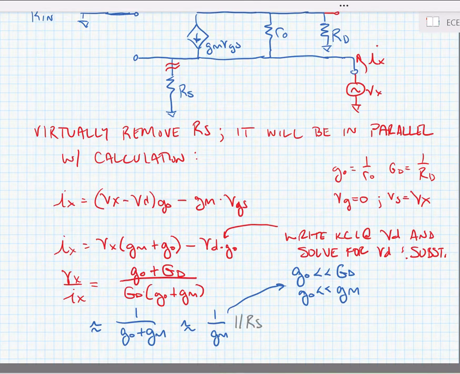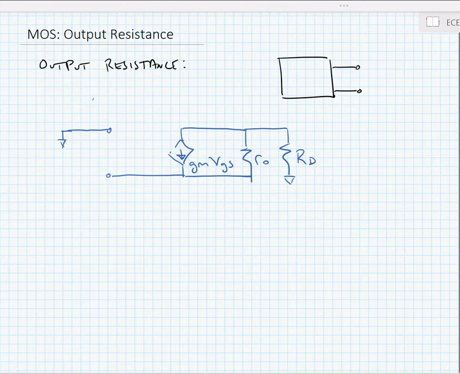Okay, when we're going to find the output resistance, again, we're going to put a test voltage source at the output port, and we're going to measure the current that flows from that source when the input port is short-circuited.